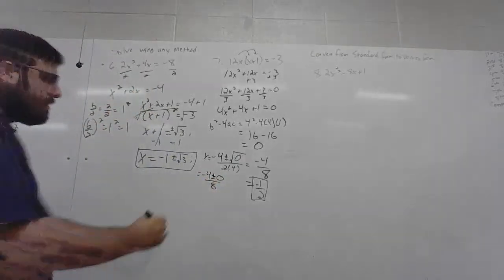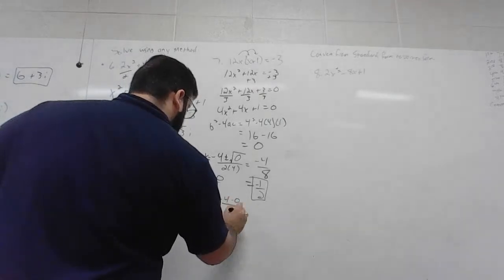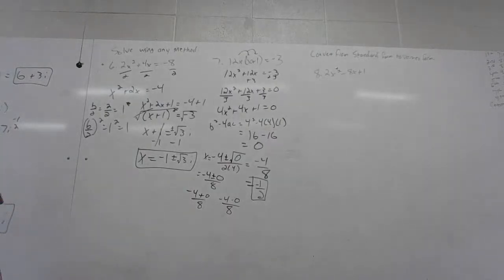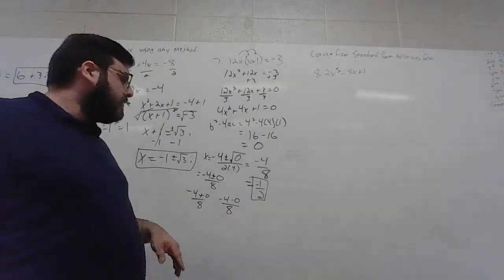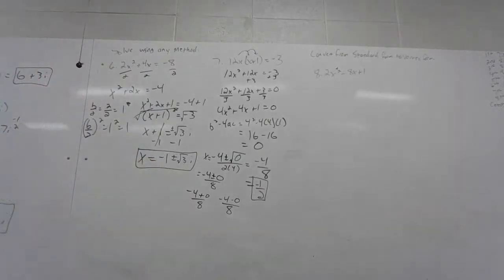I still have to work negative 4 plus 0 over 8, negative 4 minus 0 over 8. And of course, I would still get the same thing, but you have to work that out. You have to simplify it as much as you possibly can until you can't simplify it anymore. All right? I will take points off if you don't simplify your solutions or don't write them in the correct form. Okay?